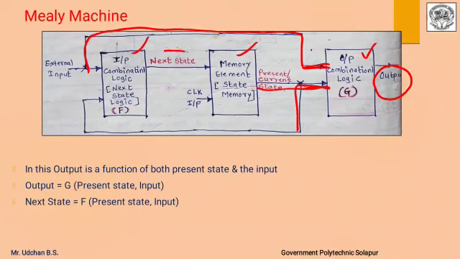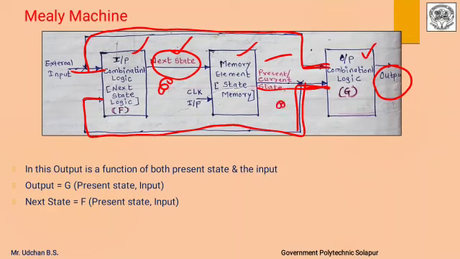whereas this next state which is going to appear at the output of this memory element is dependent on the present state of this memory element, which is given as an input to this combinational circuit, and this input. So why a next state is written over here is that this input we are going to observe at the output of this memory element after the application of clock input.